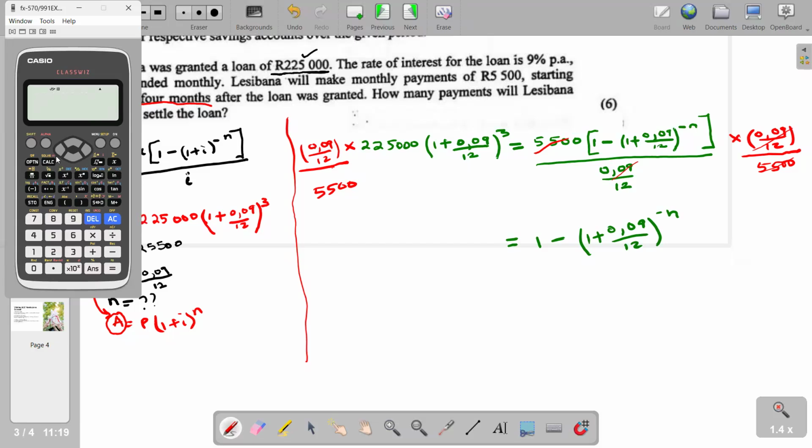So we are going to have 0.09 over 12 being equated, it's over 5.5 multiplied by 225,000, which has been adjusted for 3 months, which is 1 plus 0.09 over 12, then it's to the power 3.